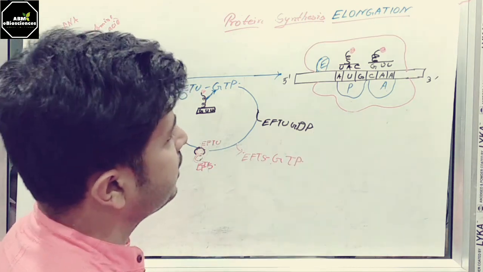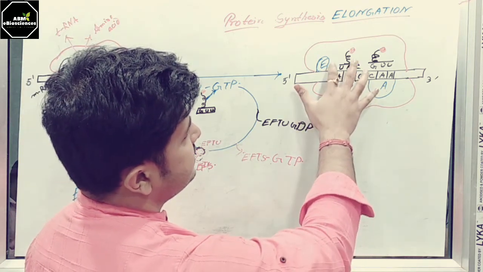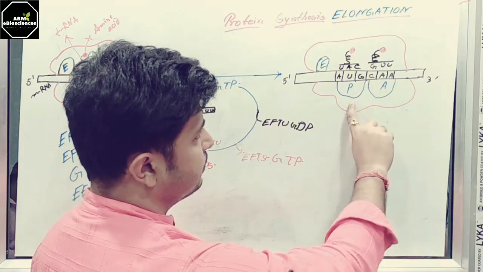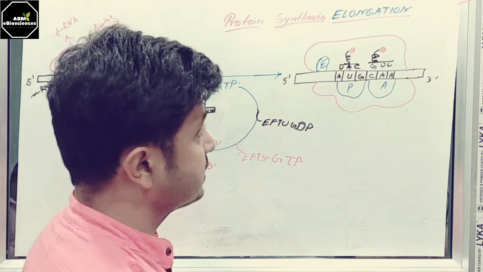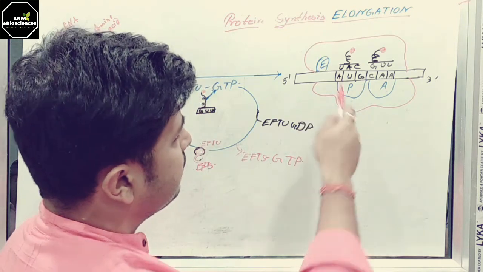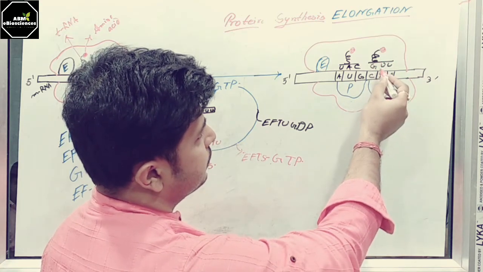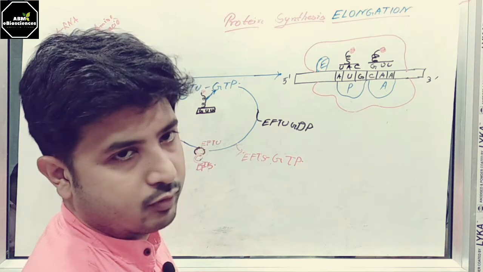Now come to the main point. As I have told you earlier, the exit site is present in the 50S. The 30S contains both P and A, but E is exclusively present in the 50S ribosomal subunit. Now the two amino acids are bound to their codons with the anticodon. The next phase is the peptide bond formation.